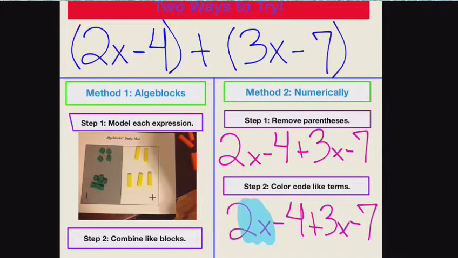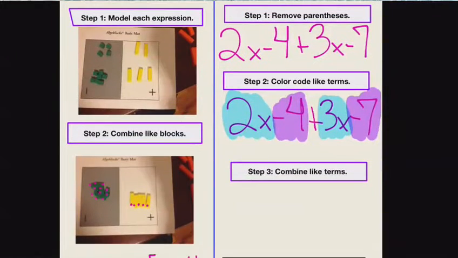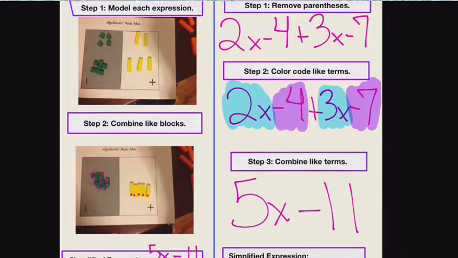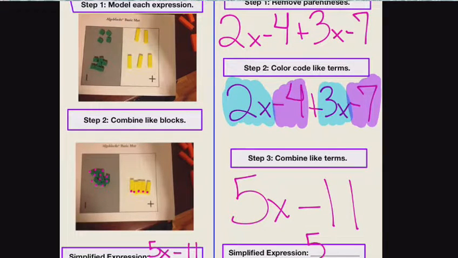So I'm going to color code 2x and 3x, and minus 4 and minus 7. Okay. Combine like terms. 2x plus 3x is positive 5x. Minus 4 minus 7 is minus 11. So again, our simplified expression is 5x minus 11. And again, you can see we got the same answer no matter what method we did.